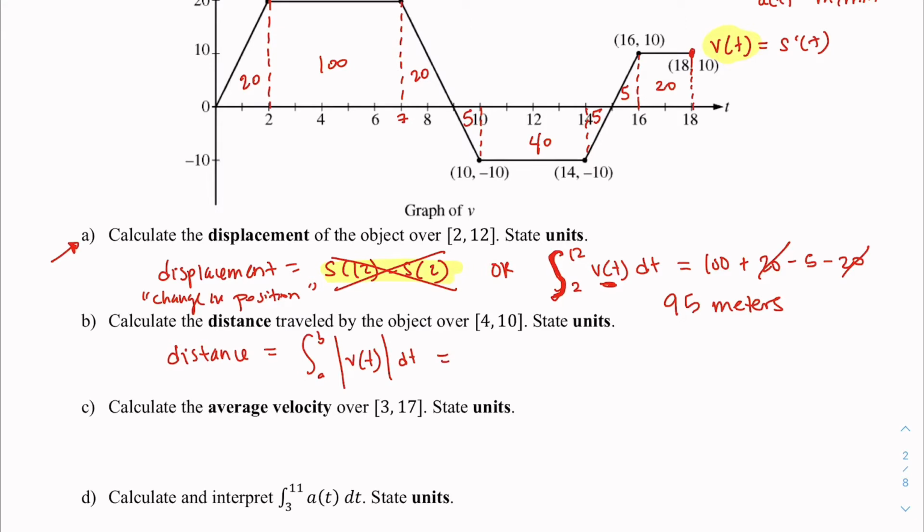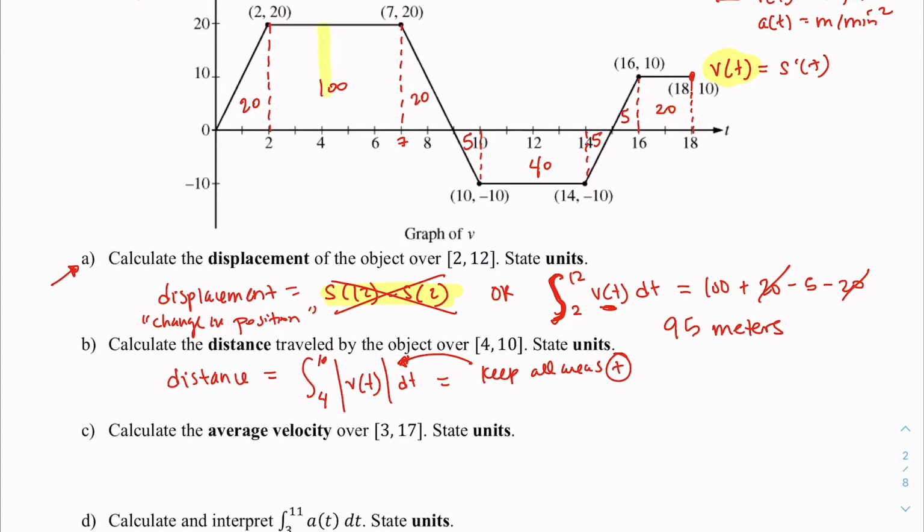So we want the area under the velocity curve, but we want anything that's negative to turn positive. So let me make a note. Keep all areas positive. So we're going from 4 to 10. Let me adjust my limits, 4 to 10. Let me highlight that. And remember, we're finding distance, so everything will be positive.